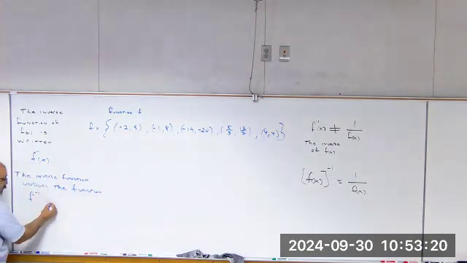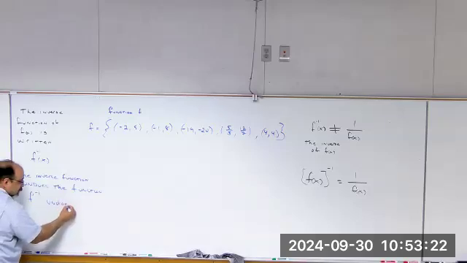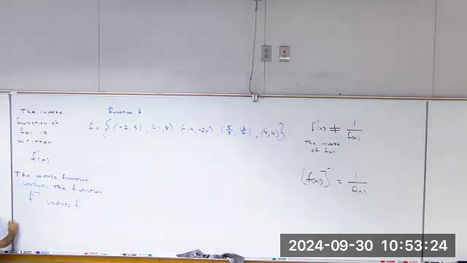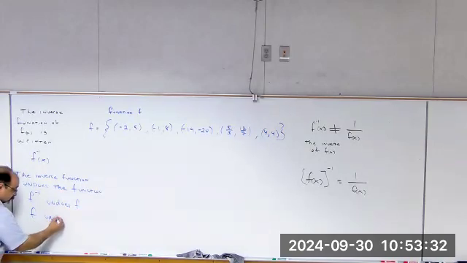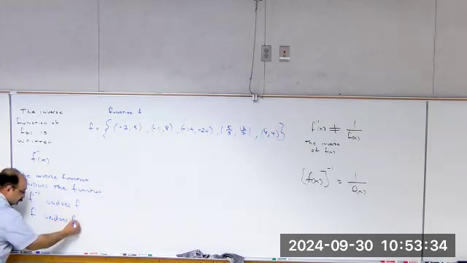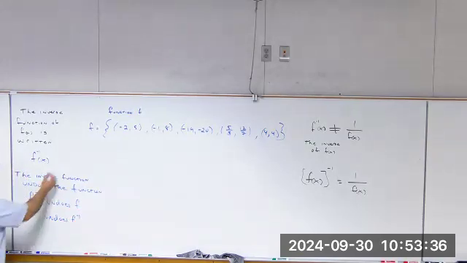F inverse undoes f, and vice versa. Function f will undo f inverse. They undo each other.